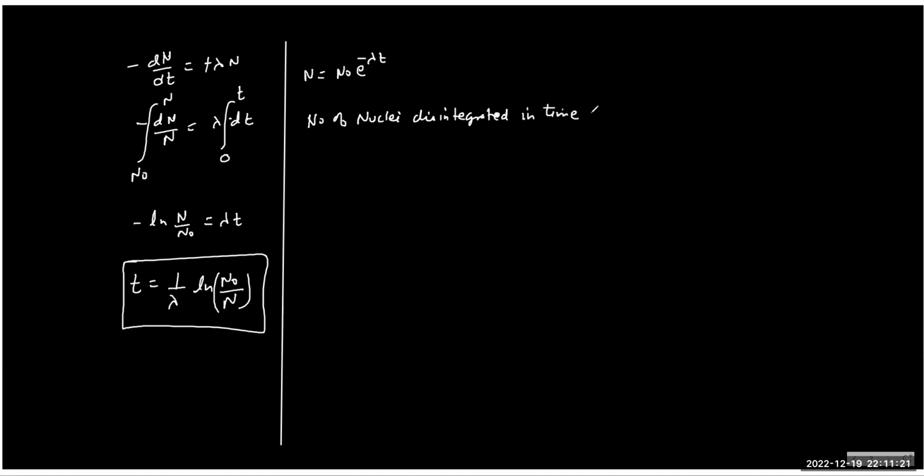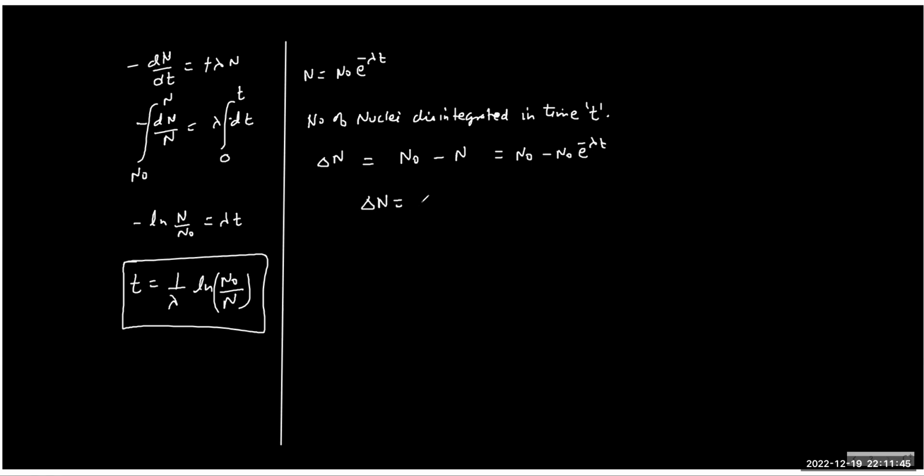Tell me how much. You started with this much, now you have left with this much. So the difference is called the disintegrated nuclei, right? You can write it as n naught e power minus lambda t.